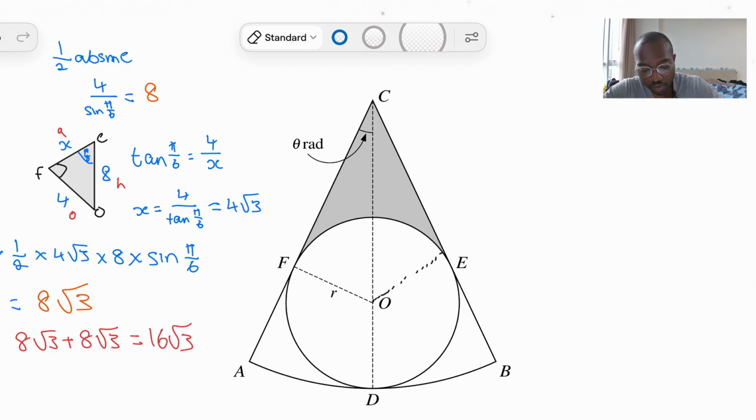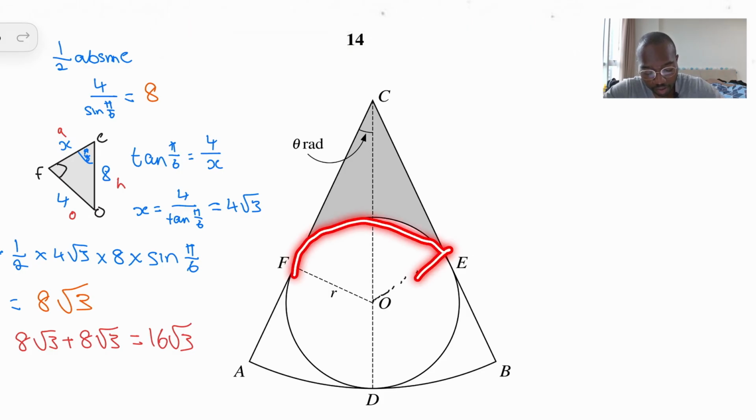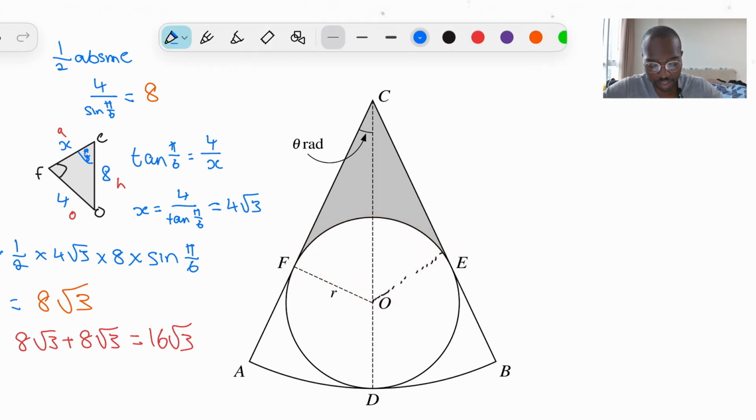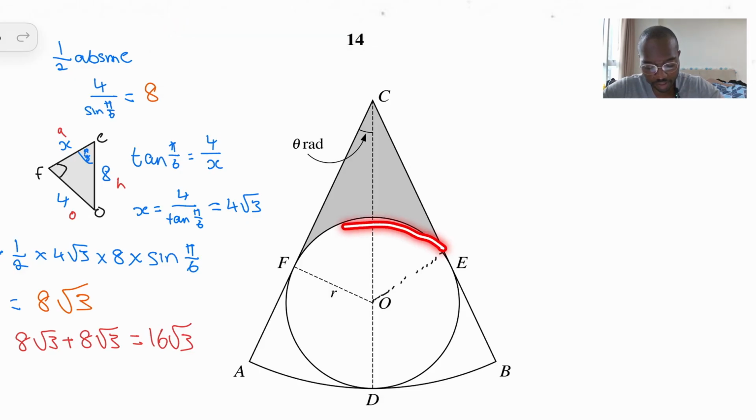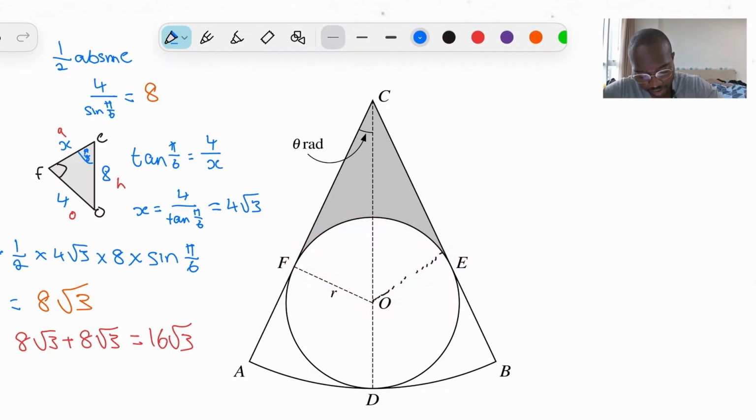Now let's work out the area of the sector. How can we do that? Let's work out what this angle is here.